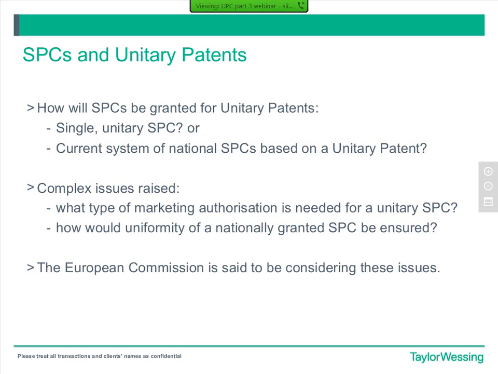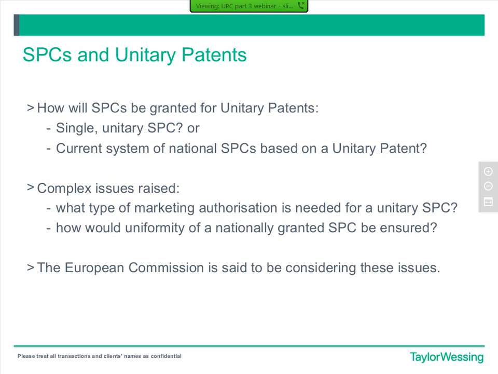Both alternatives would require amendment to the current European legislation, but the second option is the less radical, with fewer changes required. The issue of how SPCs on unitary patents will work raises other complex issues, including the nature of the marketing authorization upon which these SPCs will be based.